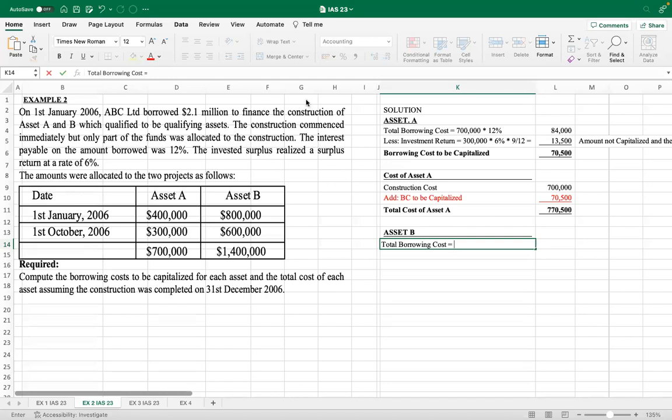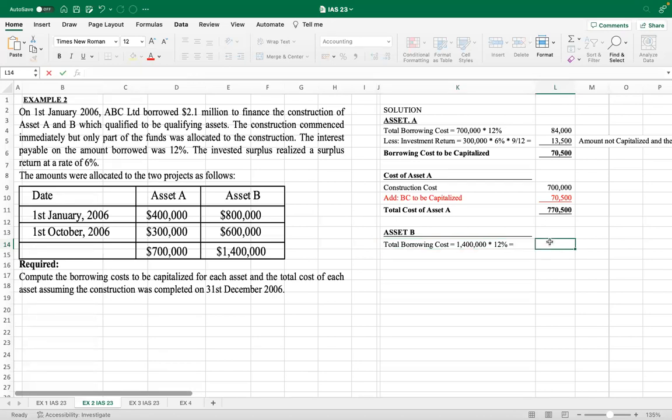Okay, thank you. 1.4 million times 12. I've got the response. So the total cost of asset B is 1.4 million. That is the amount that was borrowed for asset B. So you'll have 1.4 million times, thank you for your response, 12%.